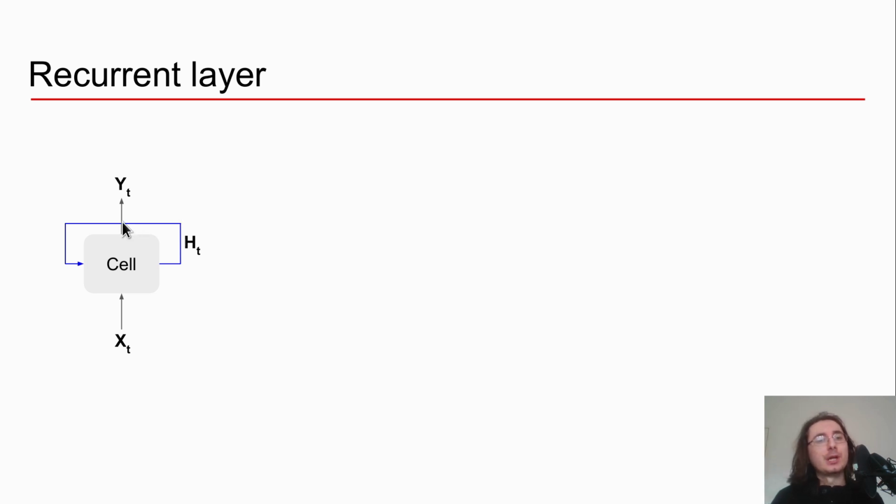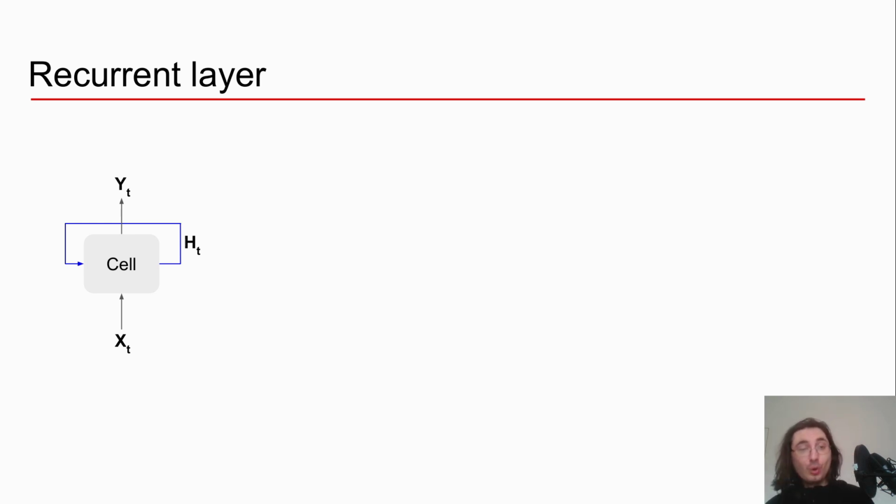And then we also output a y_t, which is the actual output. The whole point of the recurrence is given by the fact that the h_t, or the state vector, is going to be reused at the next step, so that we can have information about the context. So basically the whole idea here is that we are giving information sequentially, step by step, to the cell, and then we output both an output and a hidden state, and the hidden state or state vector is going to be reused for the next step.